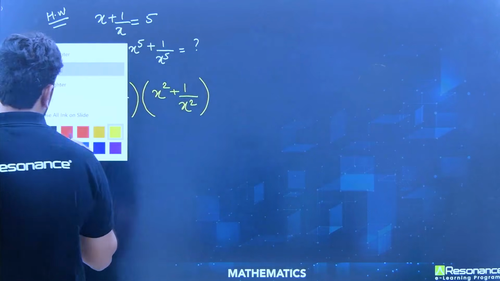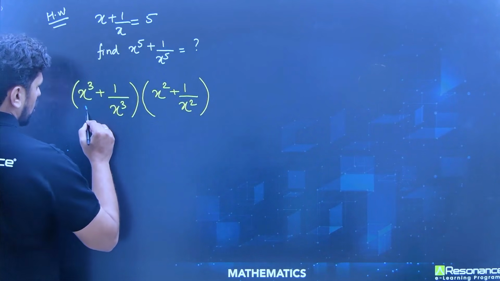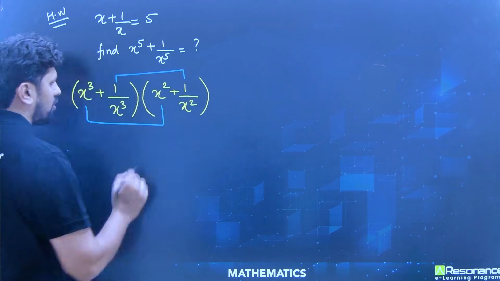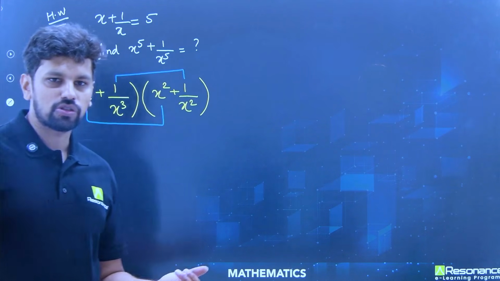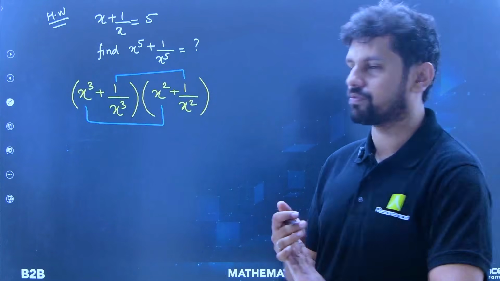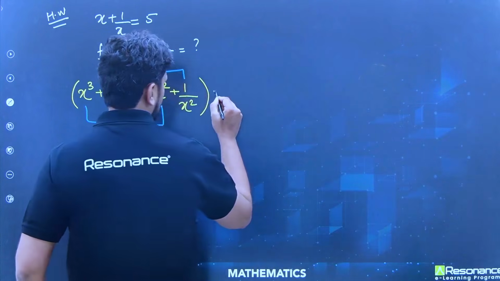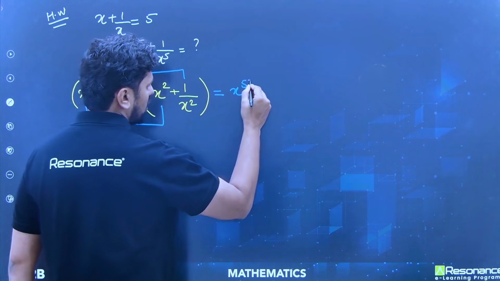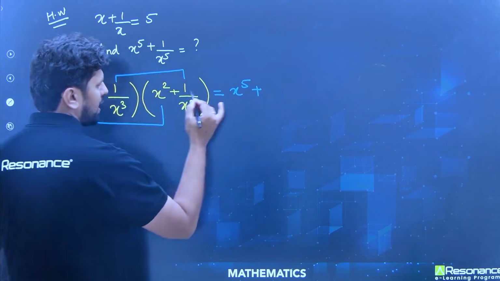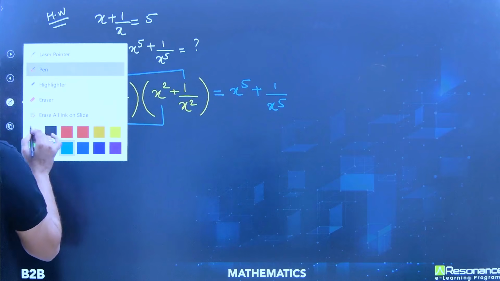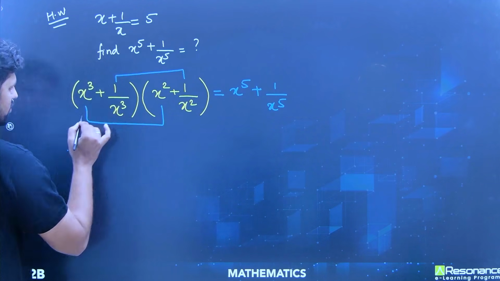Why have we done this? See it here. Because when x cube is multiplied by x square, it becomes x to the power 5. And 1 upon x cube into 1 upon x square becomes 1 upon x to the power 5. So let's open this bracket. This multiplied by this becomes x to the power 5. This multiplied by this gives 1 upon x to the power 5. Now what are the extra terms we are getting here?